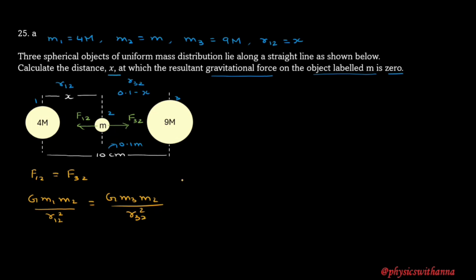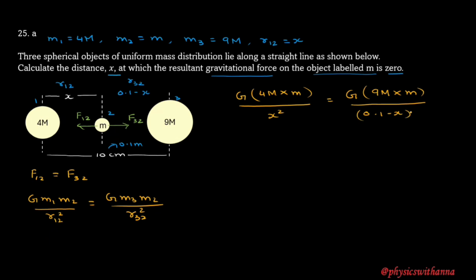Now let's substitute the values. Capital G, M1 is 4 times capital M, M2 is just small m, over the square of the distance between them, which is x squared, equals capital G, M3 is 9M, M2 is just m, over the square of the distance between them, which is 0.1 minus x squared.